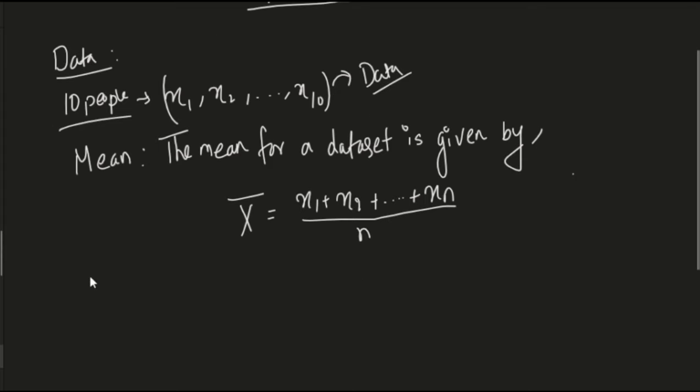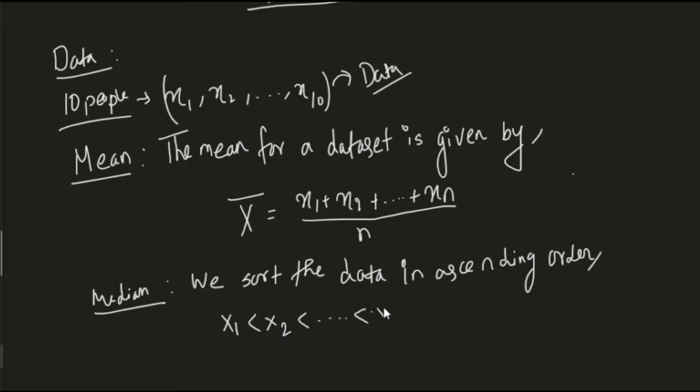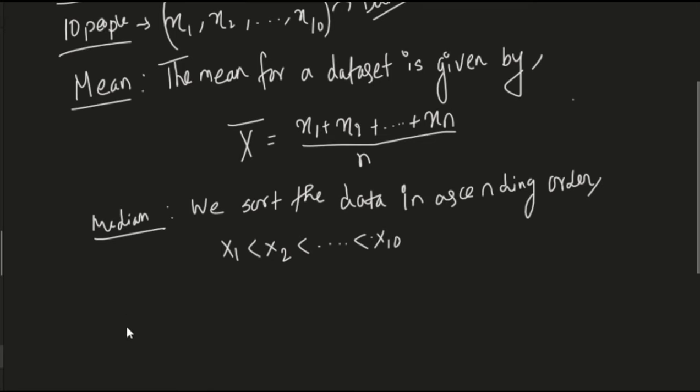Similarly, the median. So if this is the mean, the median is given by... And after we are done sorting the data in ascending order, what we need to see is the middle points.